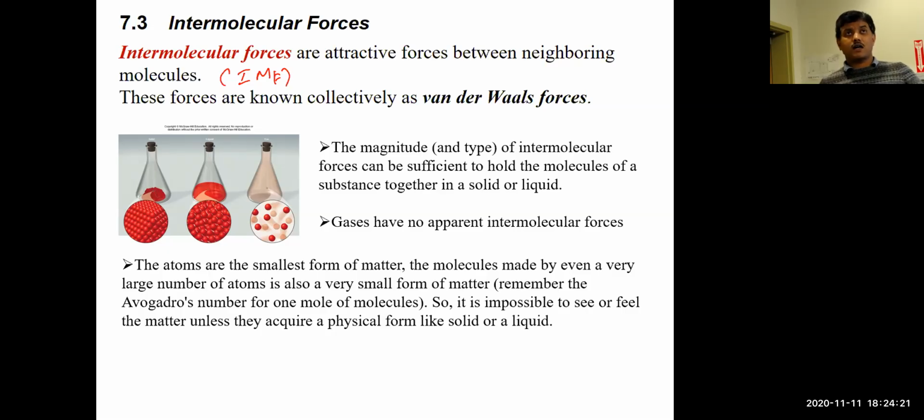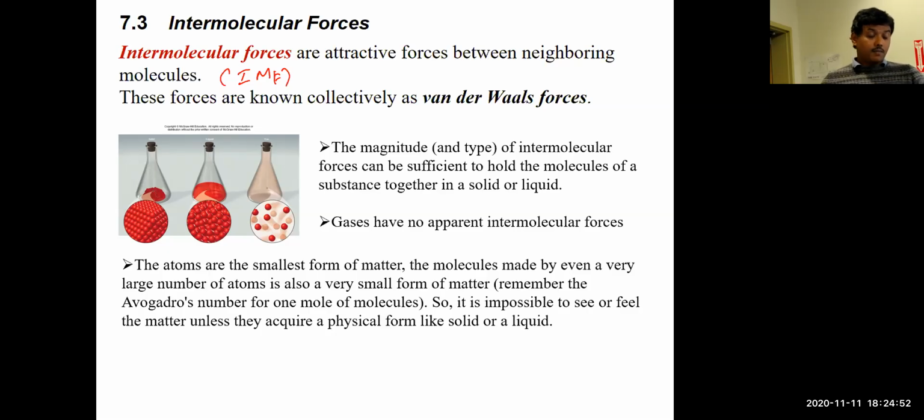Even if you think of a bunch of atoms, a really large molecule connected together, that molecule is still really, really small, close to a millionth of a meter. So you cannot see such small molecules. So what are we looking at? We are looking at molecules interacting with each other through one of the interactions, either ionic or intermolecular forces.